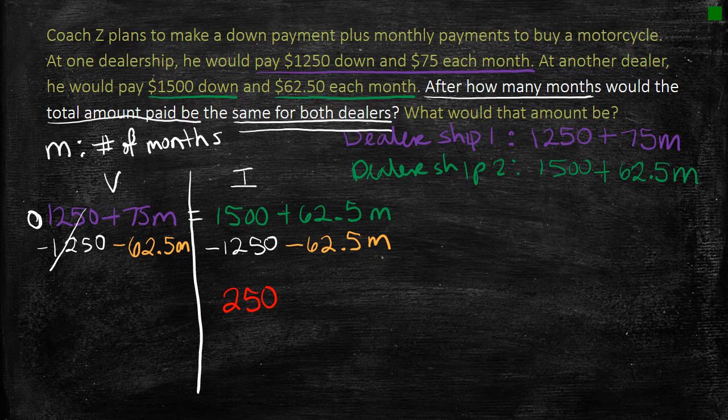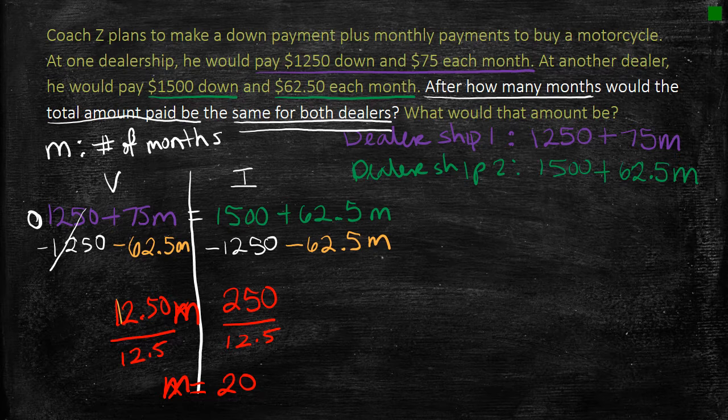And I take 75 minus 62.5, which gives me 12.5m. Now, don't let that decimal point throw you off. It's still the same steps. We're going to divide both sides by 12.5, and m is going to equal 20.